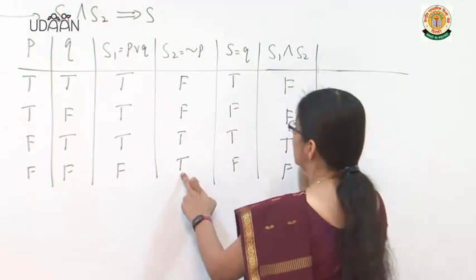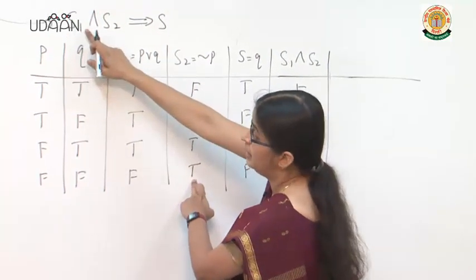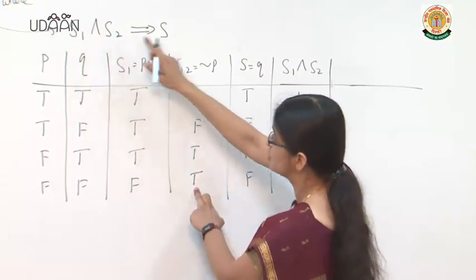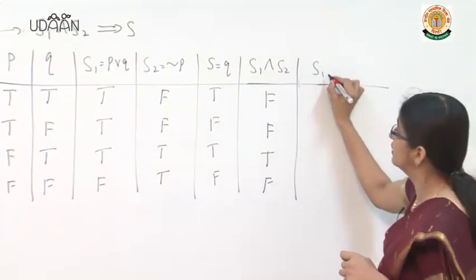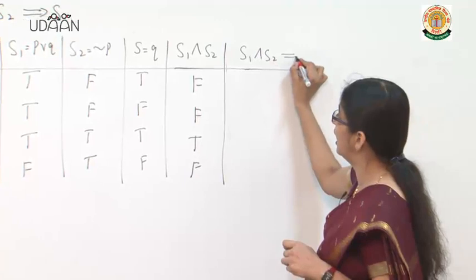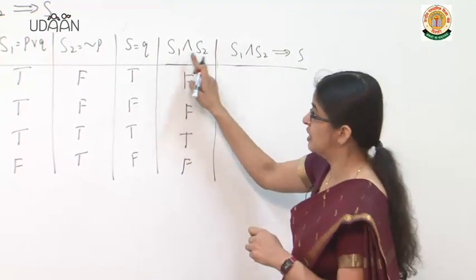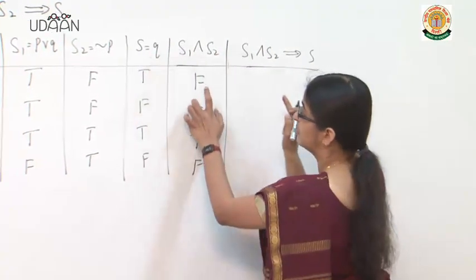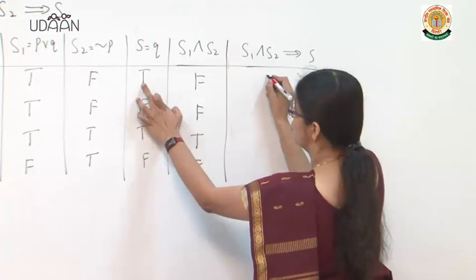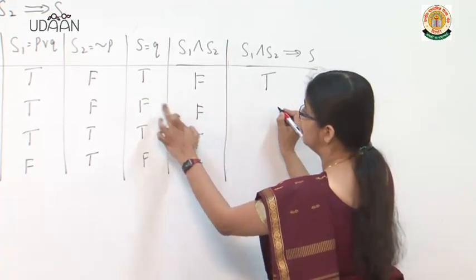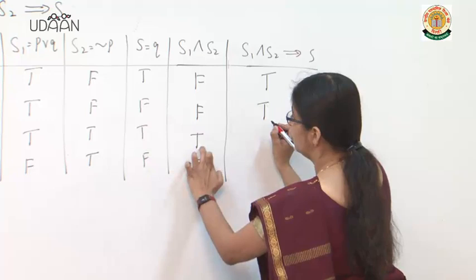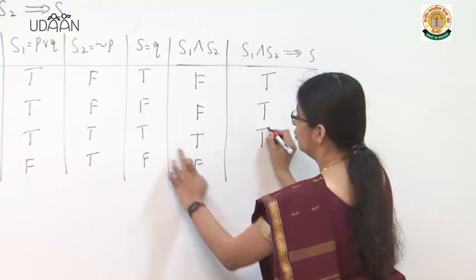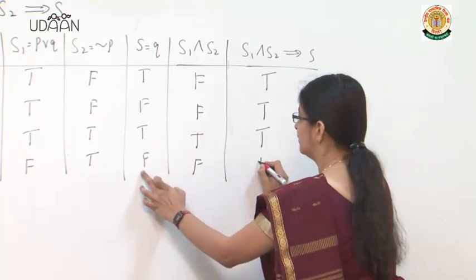This is S1 and S2. But we need S1 and S2 implies S: false implies true, false implies false, true implies true, false implies false.